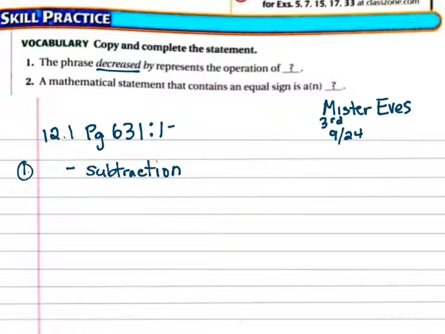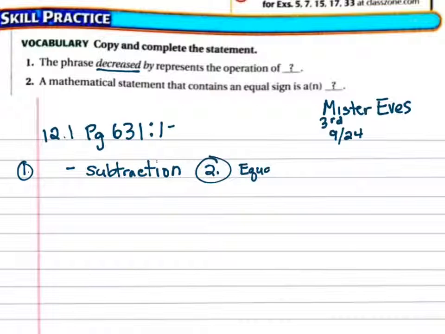Number 2. Another reader, please. Go ahead, Chloe. So, we talked about this earlier. A mathematical statement that contains an equal sign. What is it? It's from our vocabulary. Equation.